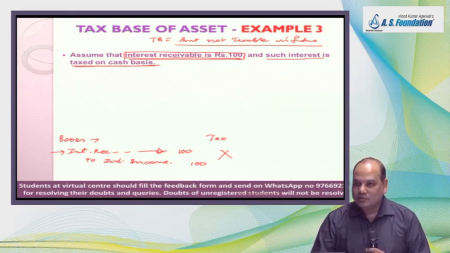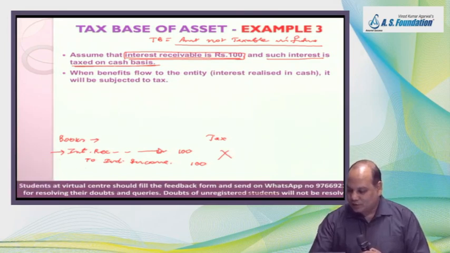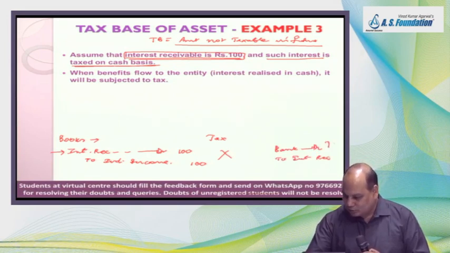Tax base is zero. 100% amount is taxable in future. So when benefits flow to the entity, realized in cash, it will be subject to tax. So under tax law, it will be subject to tax in the next year. So when you receive the amount, bank account debit to interest receivable, it will be taxed.